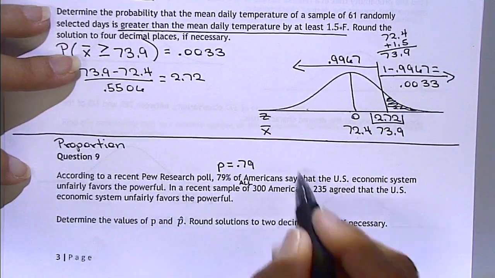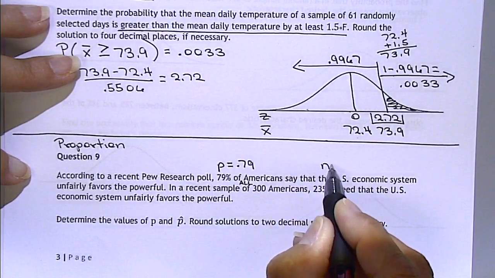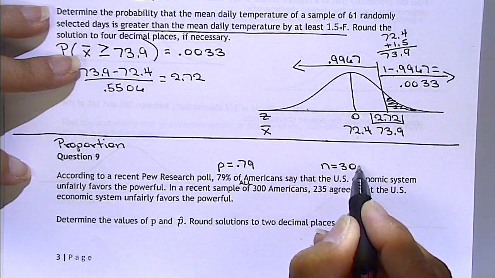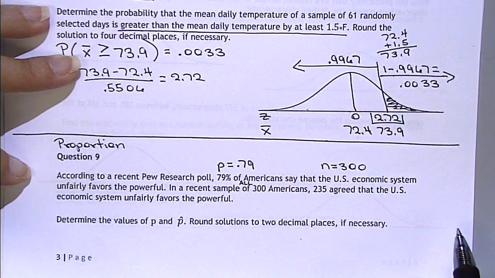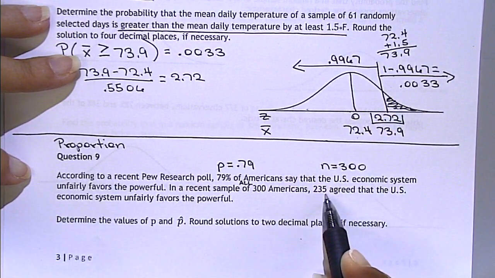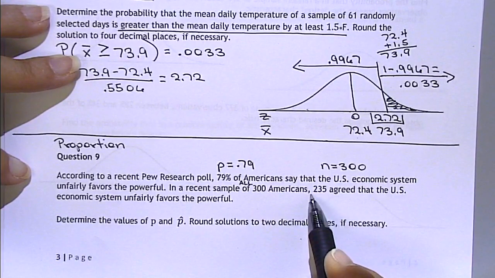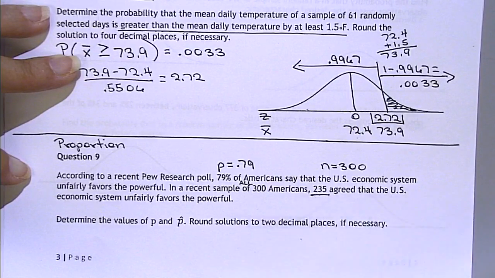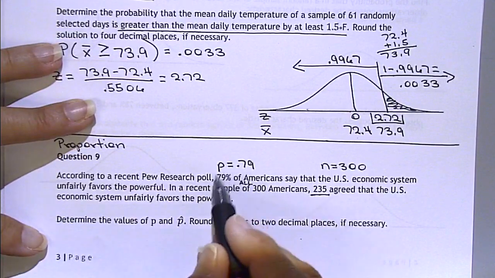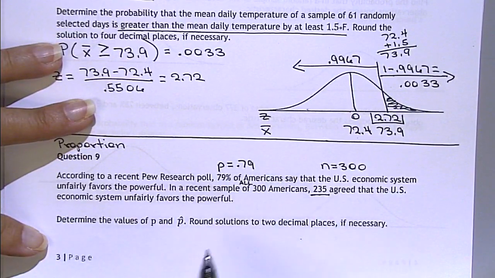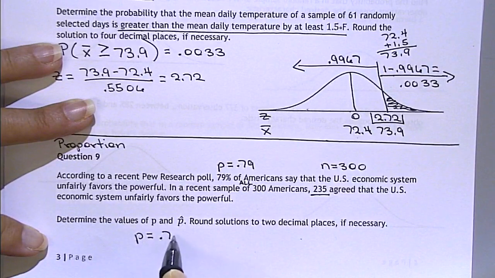There was a sample of 300. And out of that sample of 300, 235 agreed that this system unfairly favored the powerful. So the question is, what's P? Well, P is how many out of the whole population fit the criteria. So P is equal to 0.79.